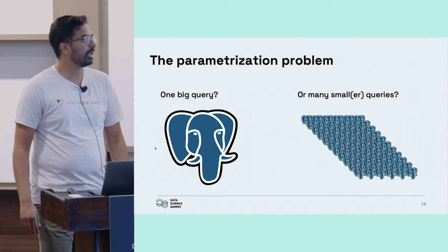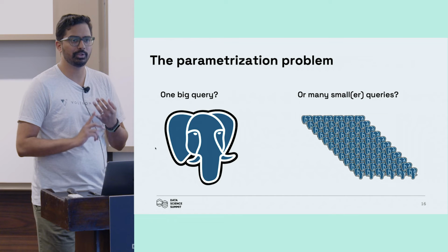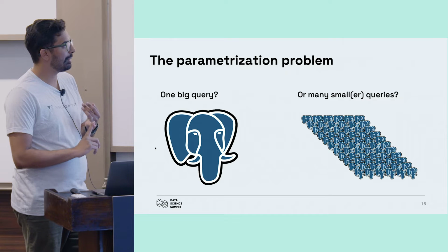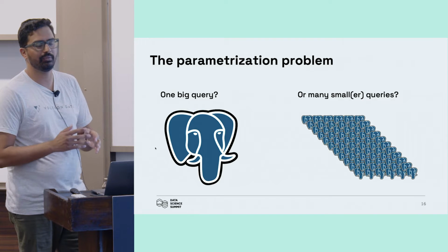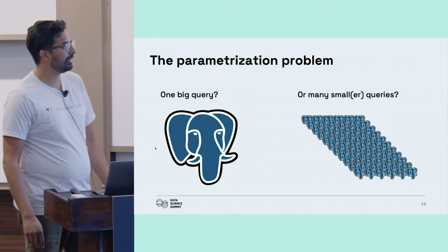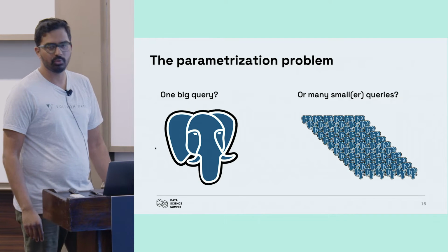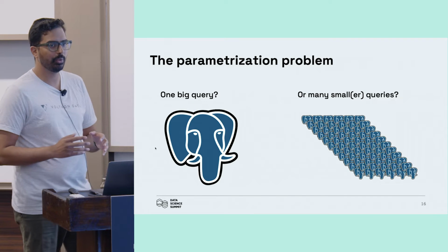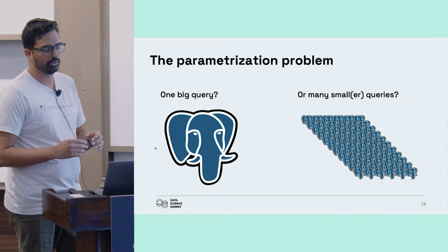Moving on to another problem. The second one is the parameterization problem. Maybe we want to replicate some logic across several regions of interest, or we want our query to have slightly different behavior based on the user and their characteristics. Should this be one massive query, or should it be broken down into a lot of smaller queries?